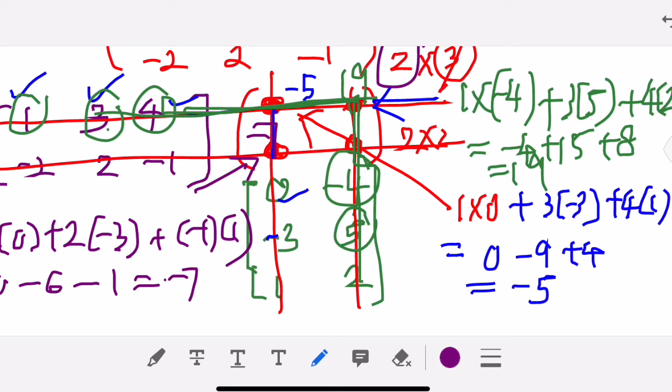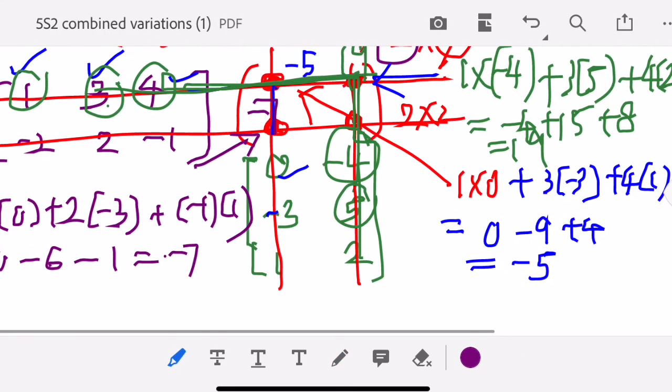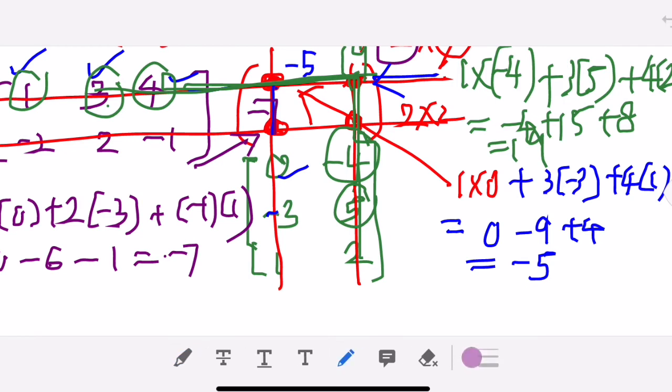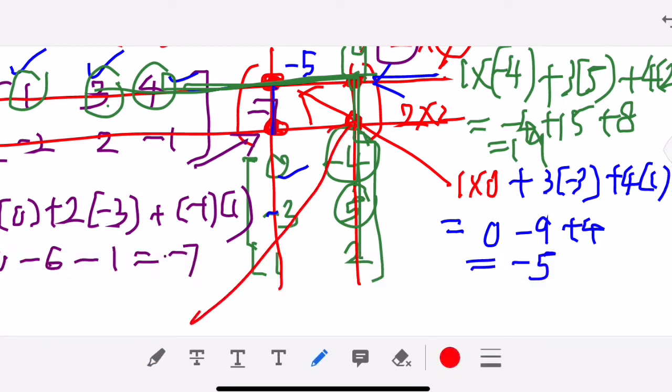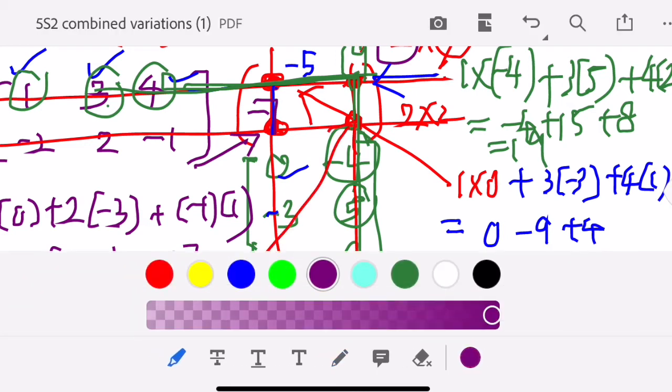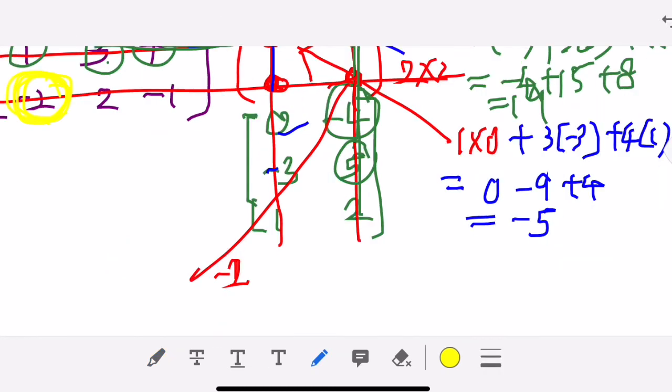Right? So the last one is this one, so let's do. We have to use -2, right? Follow the line. I use a yellow line to show you how I do. -2 is going to times with the -4, right?